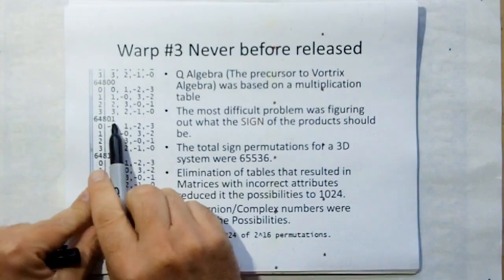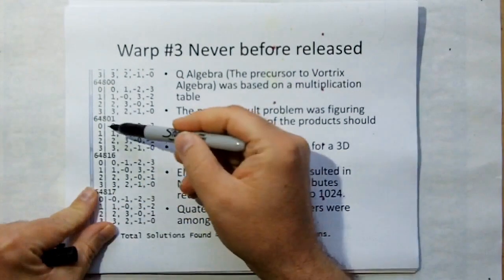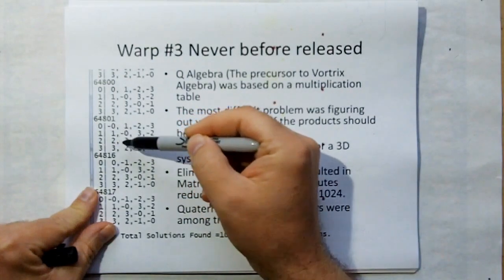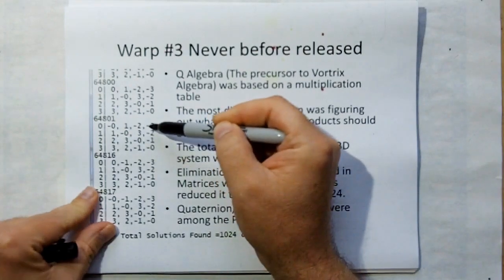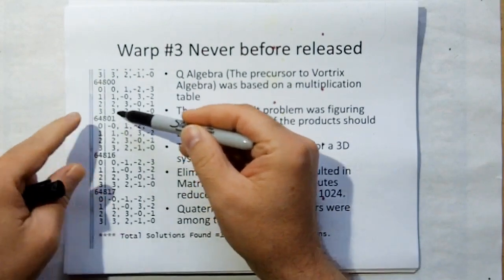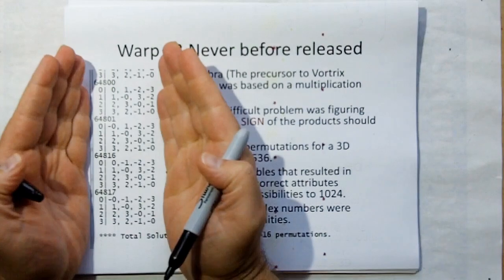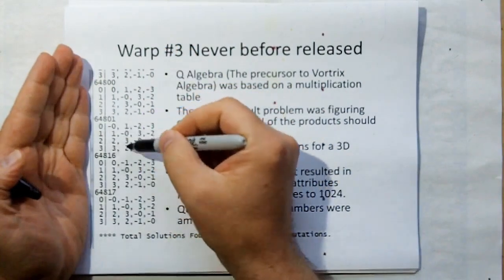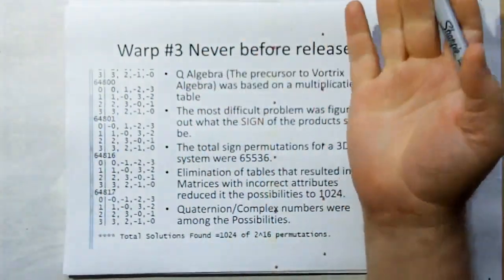And this number up here is basically the binary representation of the signs. So if you put the signs 1, 0, 0, 0, 0, 1, 0, 0, 1, 0, 1, 1, 1, 1, 1, 1 into a binary number, you get 64801. And that's how there's 65,000 different permutations here. Okay, and so this number here is a representation of the negative signs in binary.